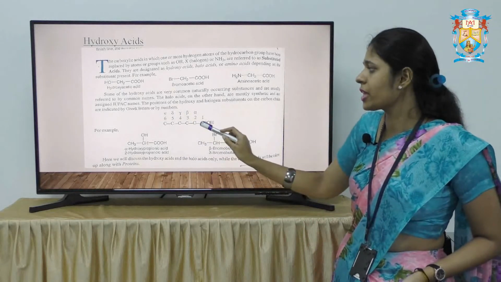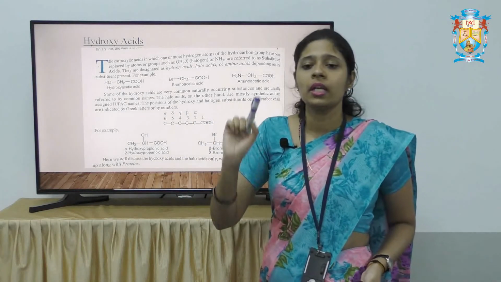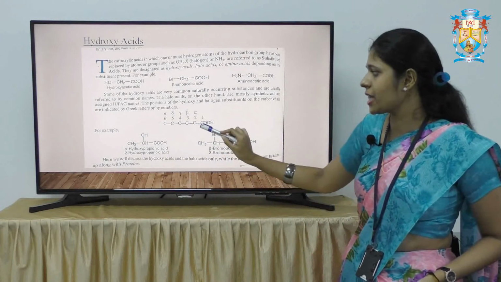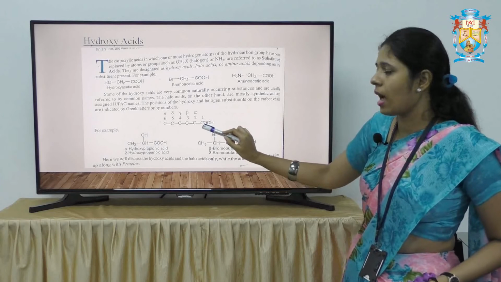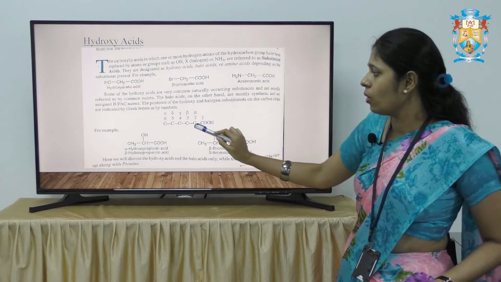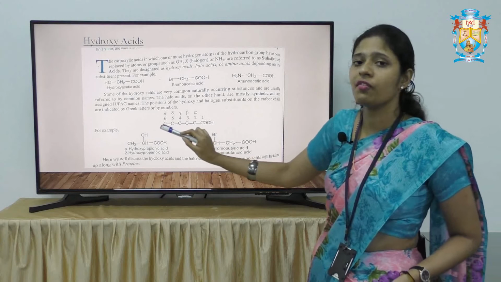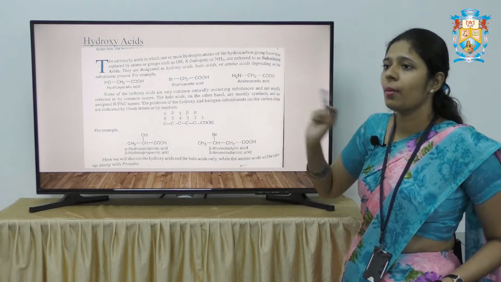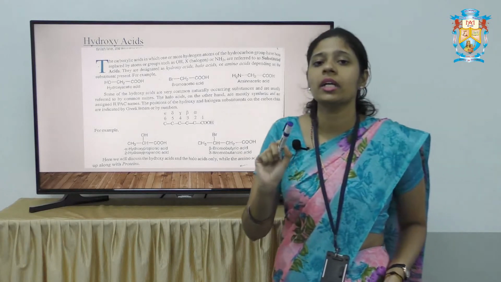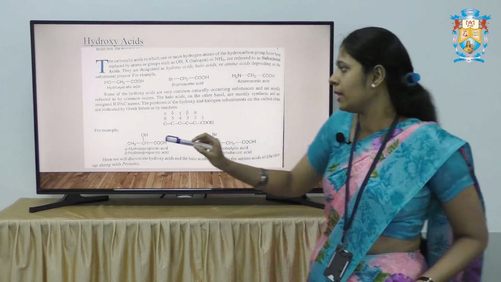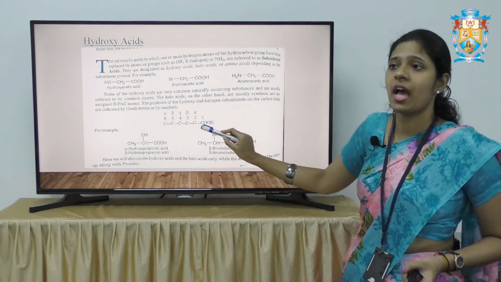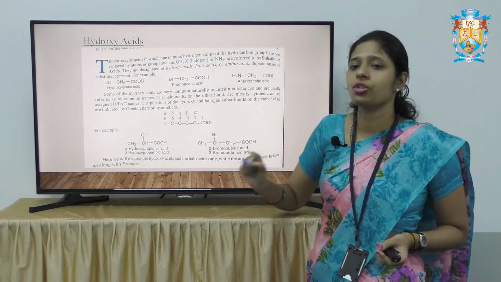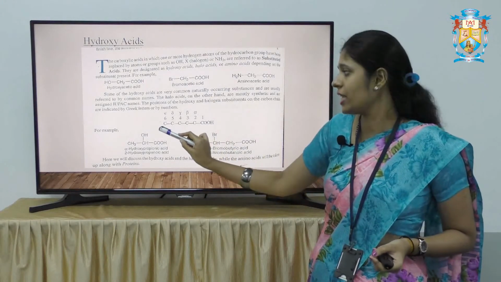Now these compounds are named from the compound which is containing the functional group, that is COOH. Here you can see the COOH group, that is the carboxylic acid group. Then we have 1, 2, 3, 4 and 5 carbon atoms. In total there are 6 carbon atoms as shown. So the numbering will start from the carbon containing the carboxylic acid group, that is the carbon having COOH will be numbered as 1, then we move on to 2, 3, 4, 5 and 6.